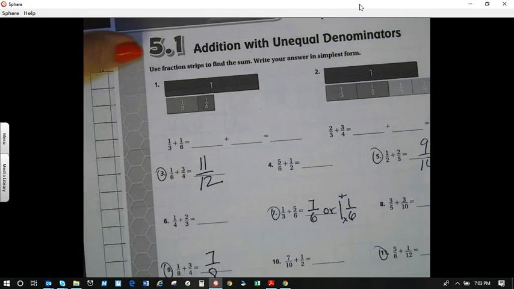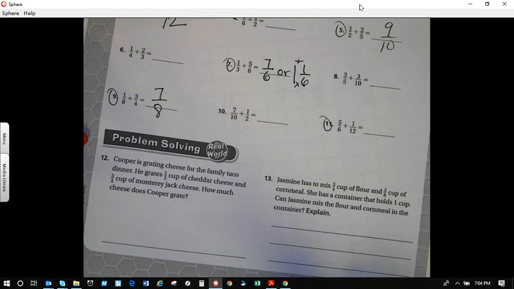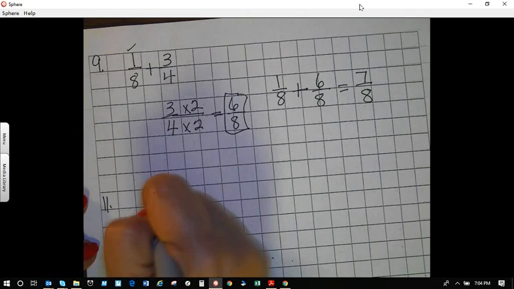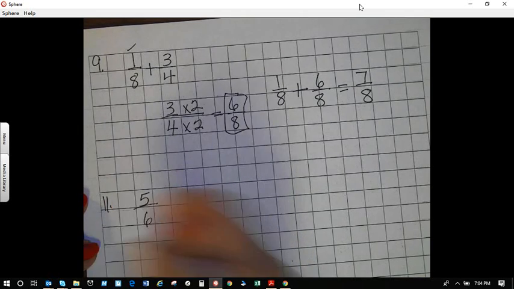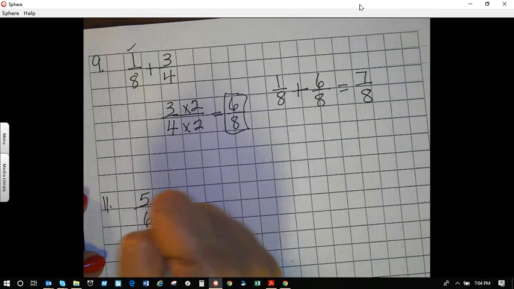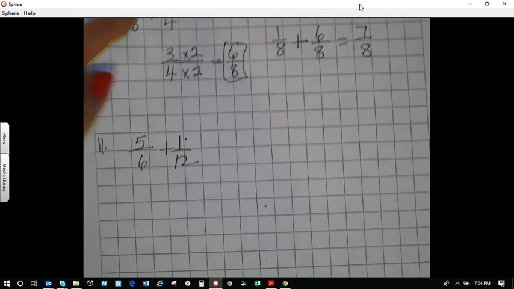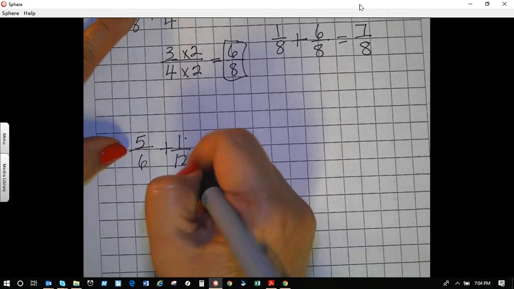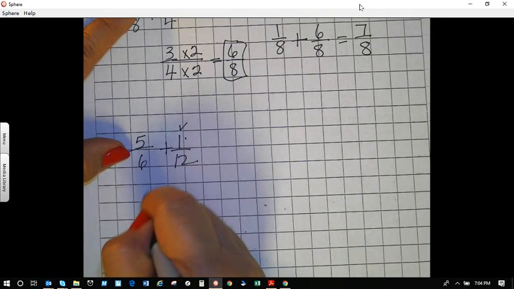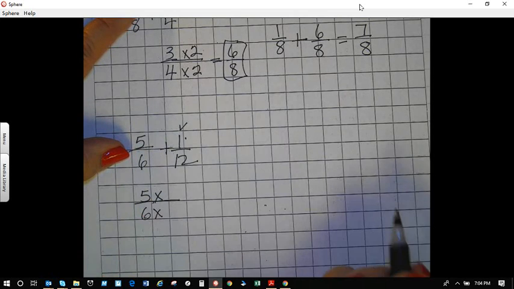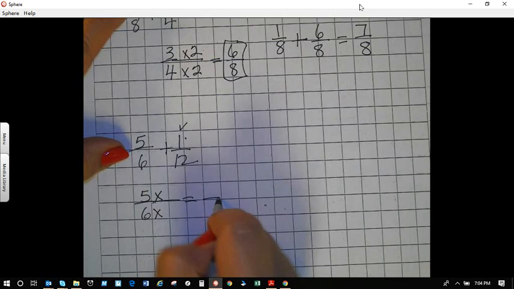And the last one that you need to do tonight. There you go. Last one is 5/6 plus 1/12. You already know what your denominator will be. Yeah, it's going to be 12. This will stay the same. I'm going to change my 5/6. Multiplication sign, equals, I know it's going to be 12.